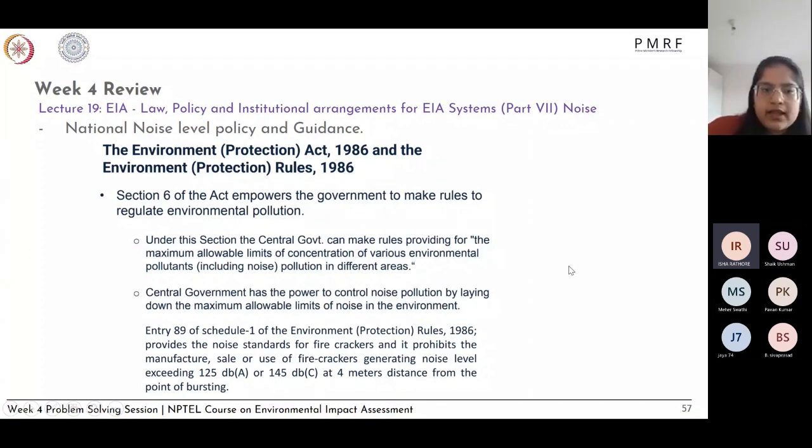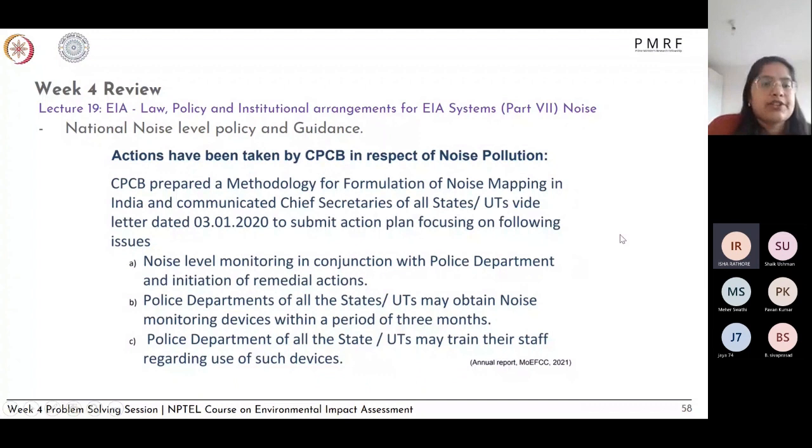Yeah. And then, in terms of actions that the CPCB can take with respect to noise pollution, the CPCB prepares the formulation of noise mapping, and it communicates to the chief secretaries of all states or union territories via letter. They focus on issues relating to noise level monitoring by the police department and initiation of actions if the noise level is above the limit specified. They also mention that the police department can obtain noise monitoring devices.